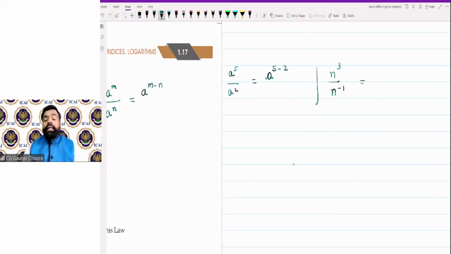Now denominator में पावर नेगेटिव है, ऊपर आएगी तो पॉजिटिव. So n to the power of 3 plus 1, it will become n to the power of 4. So in this way, you have to apply the second law of indices.